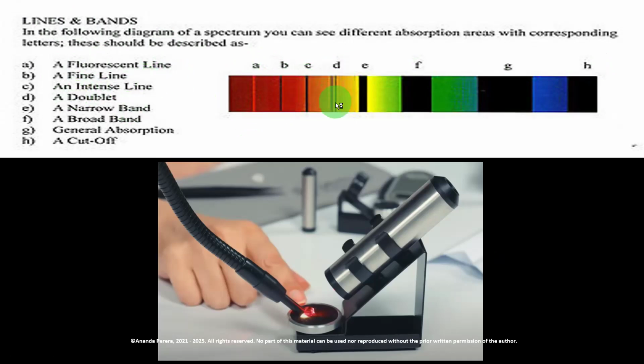D is a doublet, a double line. E is a narrow band. F is a broadband. G is a general absorption area, a big area. H is a cutoff. We can't see this. So these are the things we need to understand when the stone absorbs some color. We can display it and see it here. So that is the measurement.